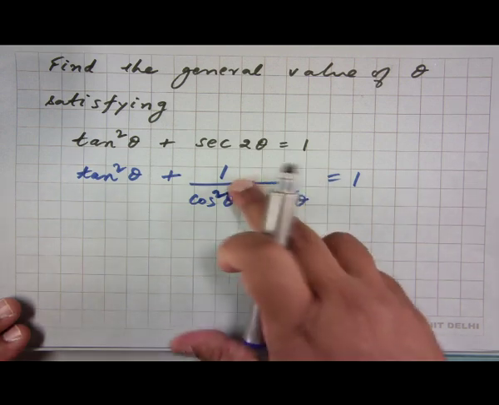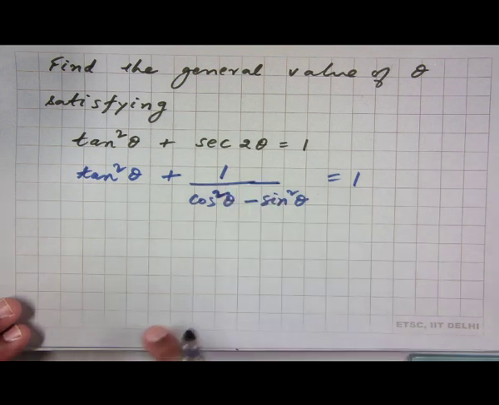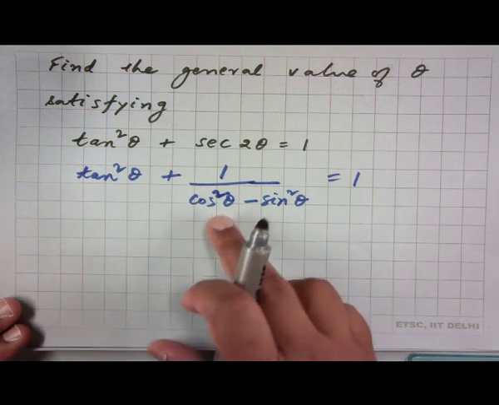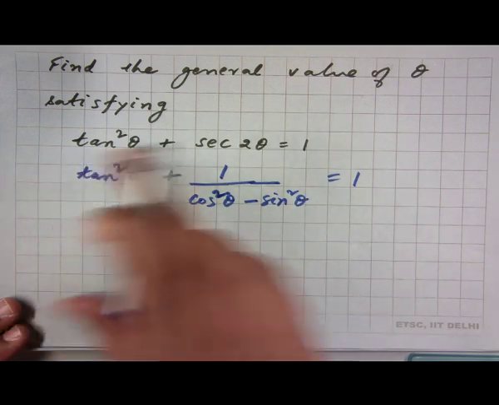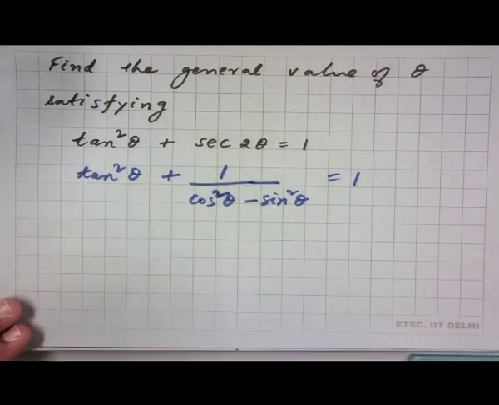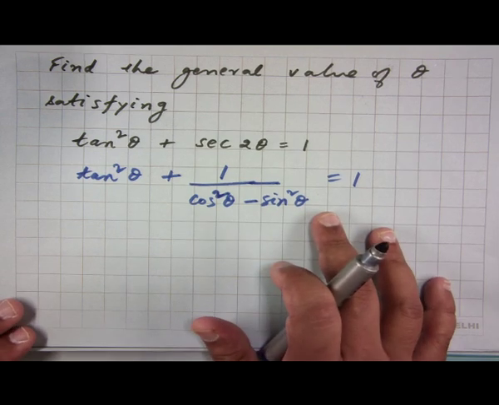Also, we know that the numerator 1 here can be replaced with cos square theta plus sin square theta. The reason I am doing this substitution is that I would like the whole left hand side to be in terms of tan theta, so that I get a quadratic equation or something like that, which I can solve and then get the general solution.